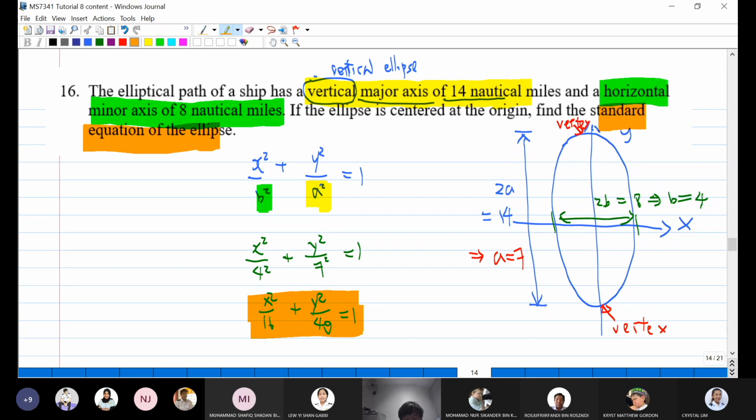This is question 16. Anytime you have questions, ask, all right? I just show you the working.